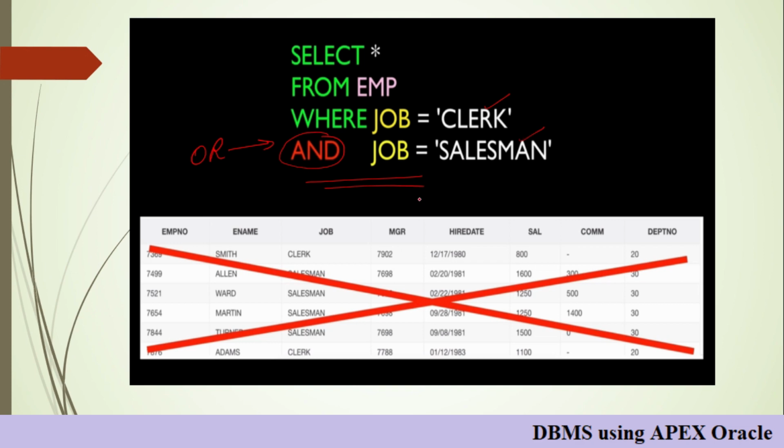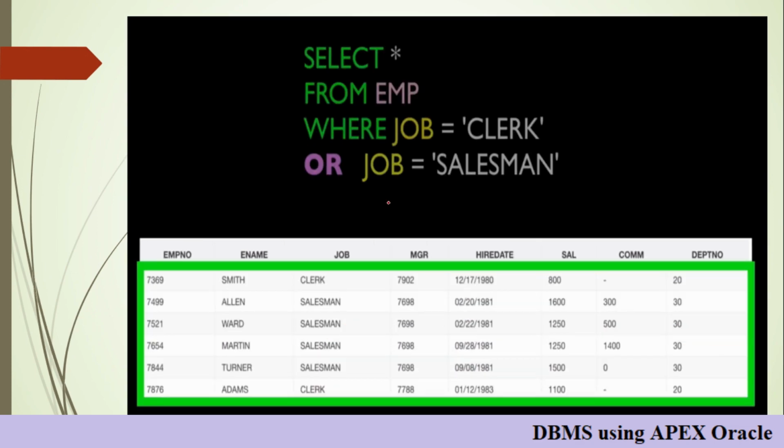It will give you the data like this, as you see. This is the right way of writing the SQL command. In place of AND, we use the OR operator. So as you see: select asterisk from employee where job is equal to clerk or job is equal to salesman.